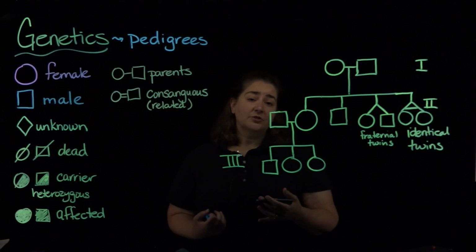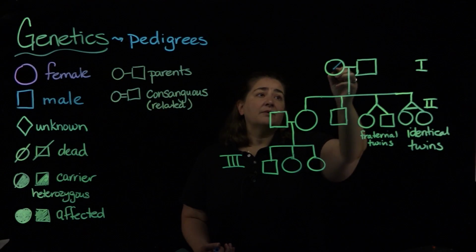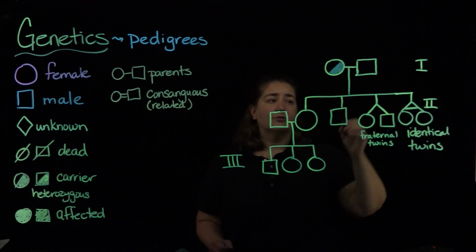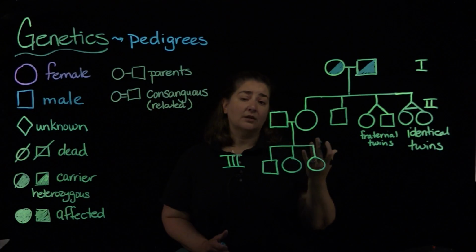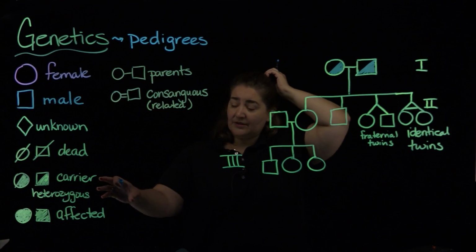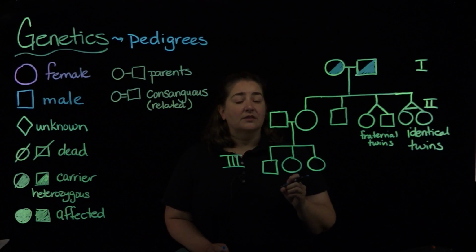Now, if we're going to follow genetic traits within this pedigree, it might be that mom is a carrier and dad is a carrier for whatever particular trait we're interested in, and we can go with sickle cell anemia since I talked about that before. Say mom and dad are both carriers for sickle cell anemia.